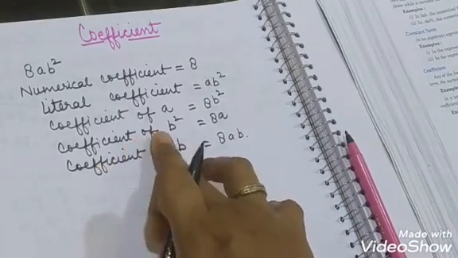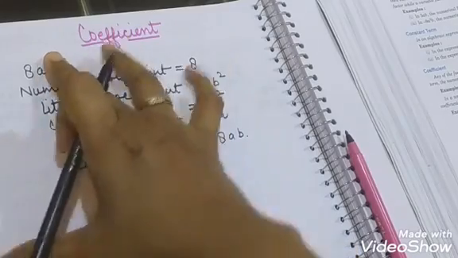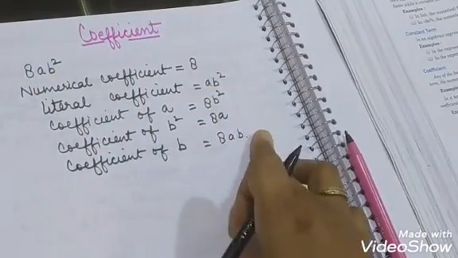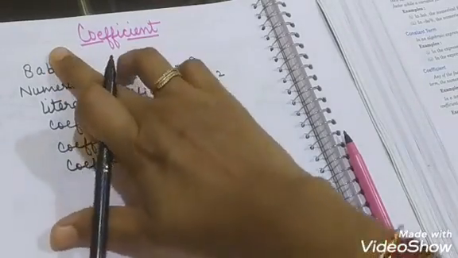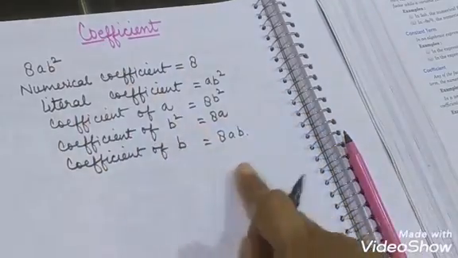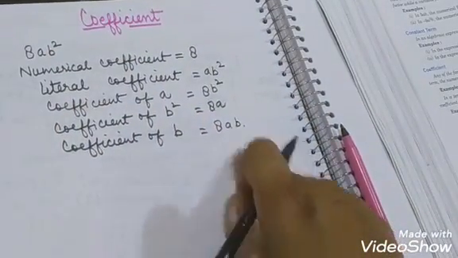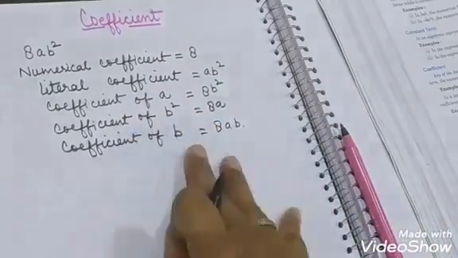Similarly, if somebody asks what is the coefficient of b square, hide b square. What is written with b square is the coefficient of b square, 8a. And for the coefficient of b, hide 1b, not both. Hide 1b, so the coefficient of b will be 8ab. So a coefficient is the companion of something, written along with it.